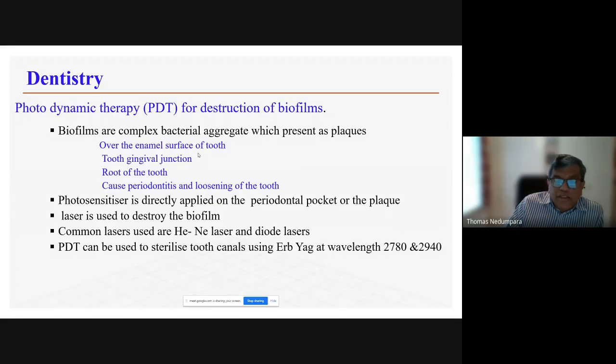The process can be repeated any number of times. The common lasers used are helium neon laser and diode lasers. It can also be used to treat tooth canals with Nd:YAG laser.